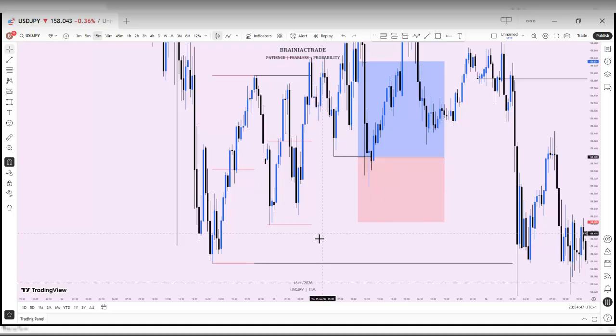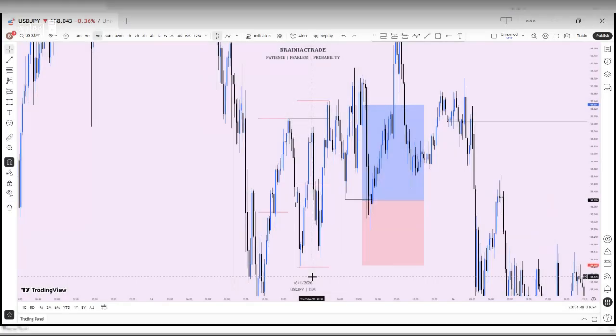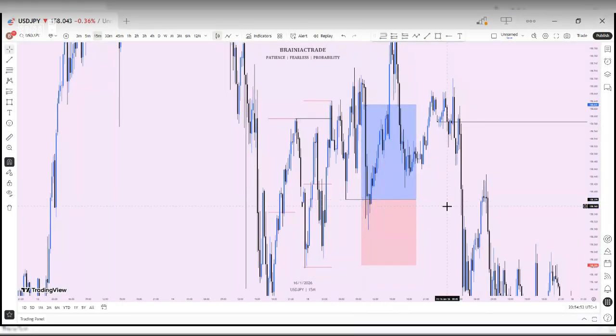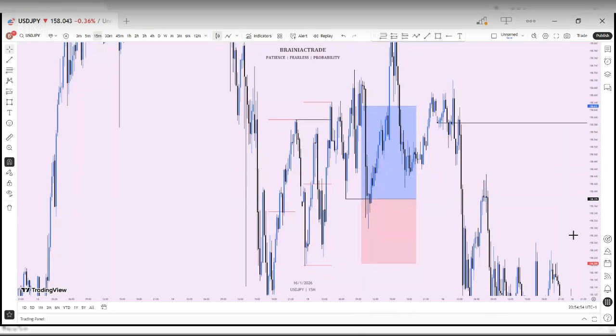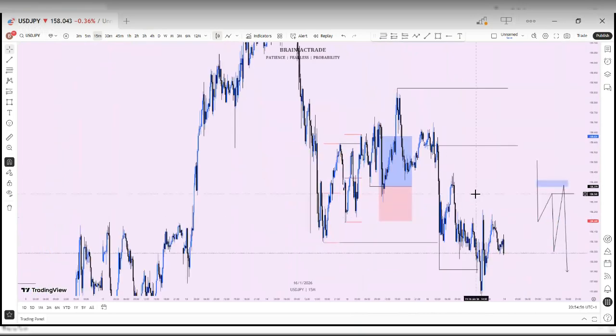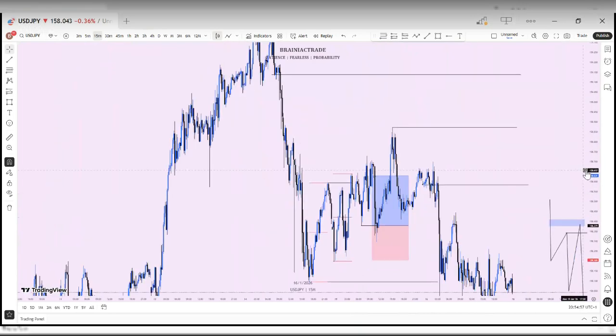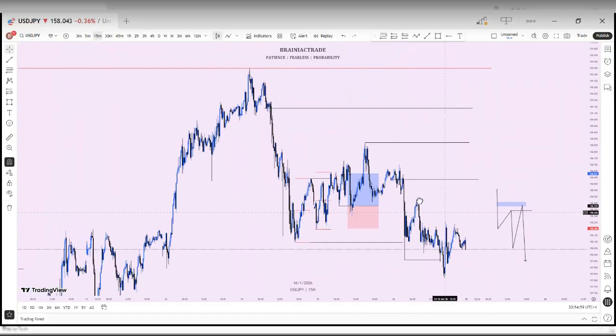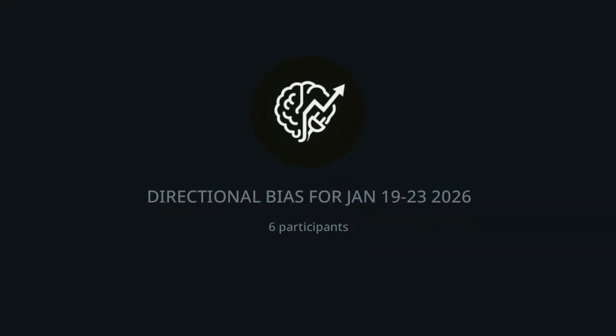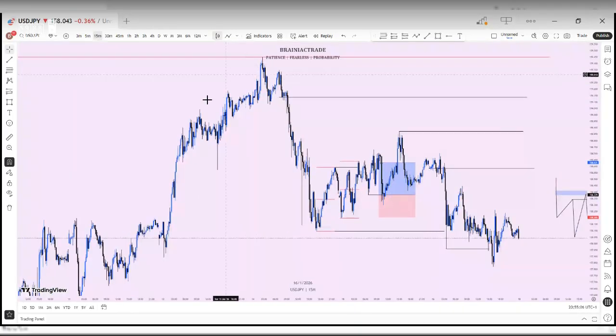Then we swing to the next draw on liquidity. Then make sure you are trading in line with the trend. Don't trade counter trend. We say this one is a counter trend trade because the market has already shown you that we are now bearish, and you can't see bullish order flow here.